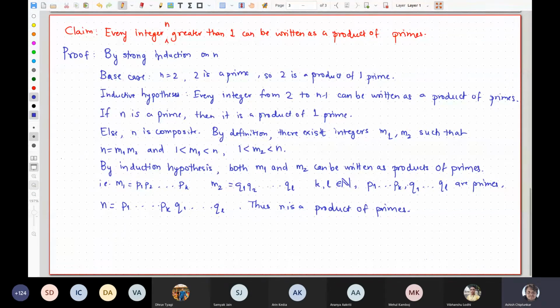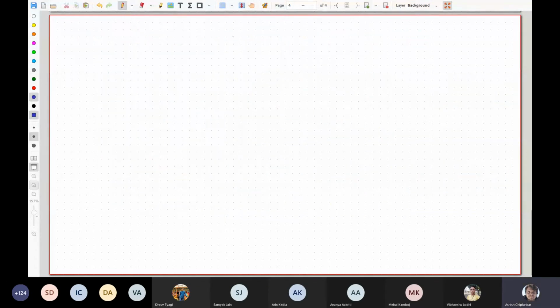Awesome. So now let us write down one more claim and let us see what kind of induction we are able to use to prove that claim. Even before I write down the claim, let's try to understand a specific number that is involved in this claim.